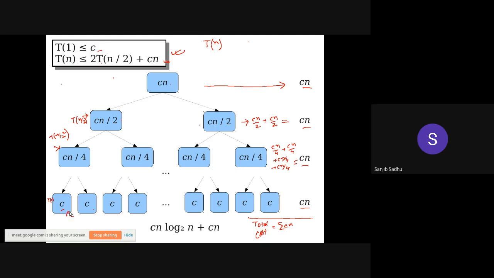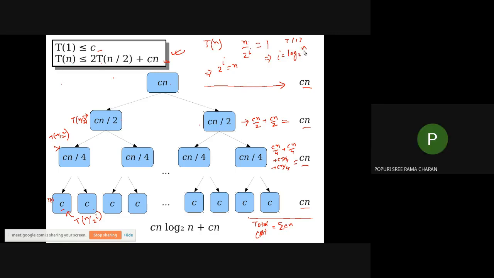So I am assuming that it was Tn by 2 to the power i. Clear? So n by 2 to the power i should be 1, otherwise I can't replace it by C. So if n by 2 to the power i is equal to 1, then I can replace it by T1. So what will be the value of i? 2 to the power i should be equal to n, or i should be log n.